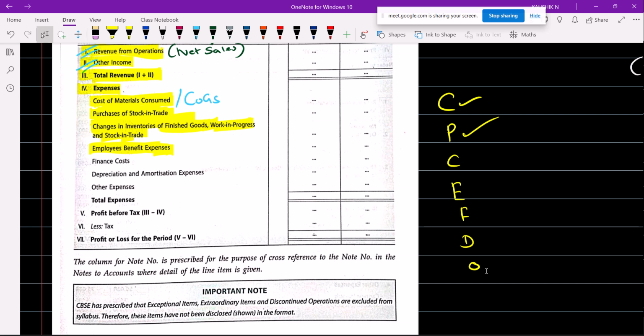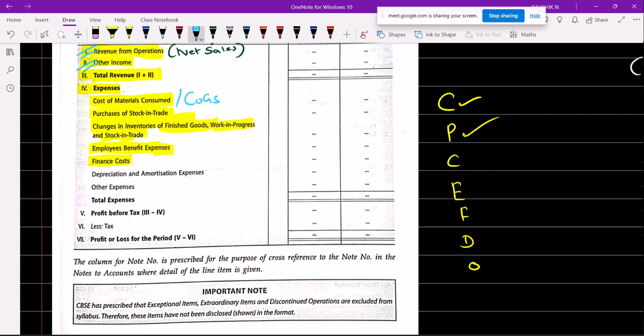By these expenses the employee is getting benefited. It's a mutual understanding between the management and the employees. So any amount that has been spent by the management towards the employees, we call those expenses employee benefit expenses.